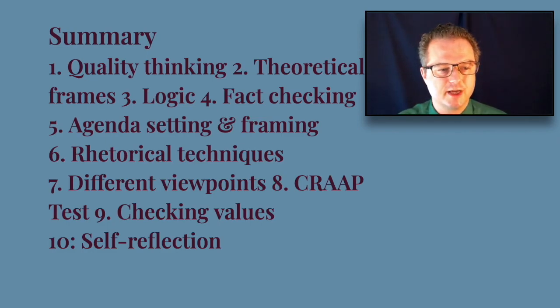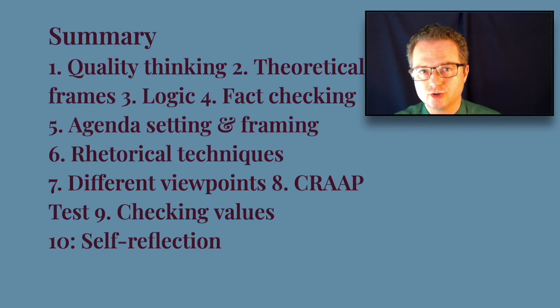We've talked about agenda setting and framing, which are ways that media and other influencers can influence the way we think about a topic or which topics we think are important. We've talked a little about rhetorical techniques, which can be used for more effective communication, but they can also be used to manipulate people.